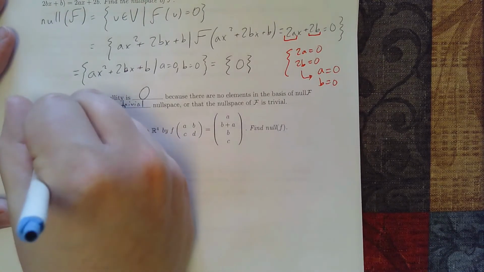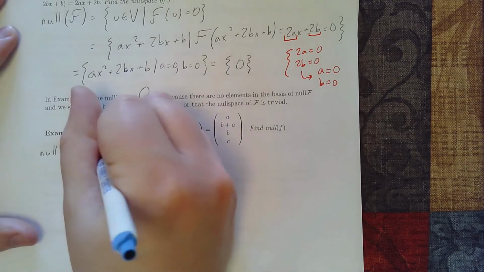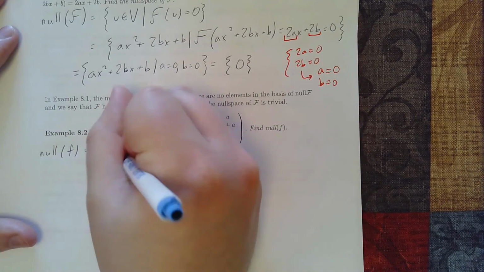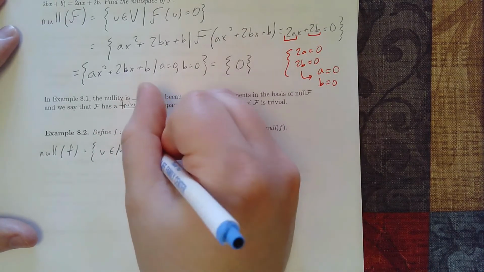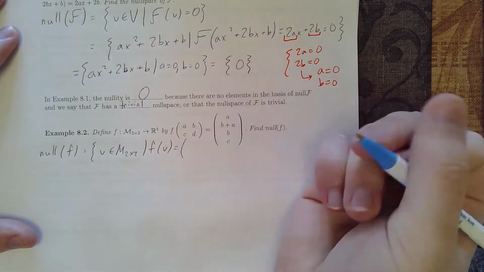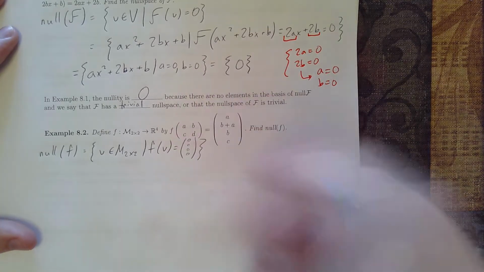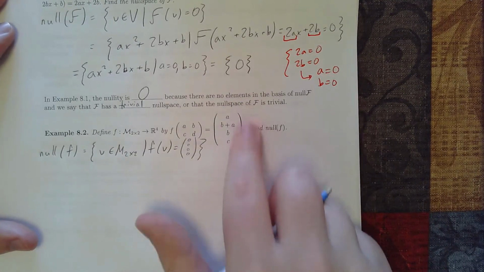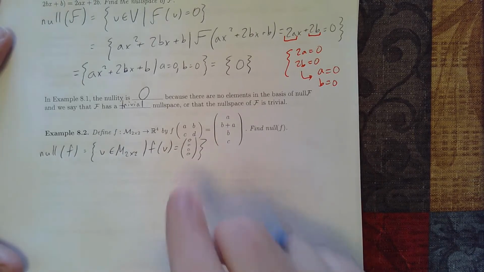So the null space for this function is going to be the set of all vectors in M2 by 2 such that f of that vector equals zeros. The reason it's this zeros is we have vectors in R4 as output, and so we're going to define 0 this way.